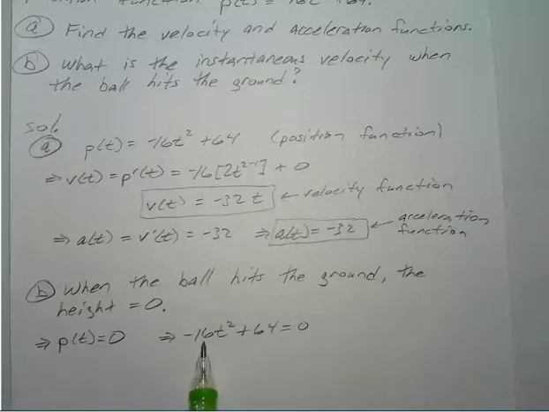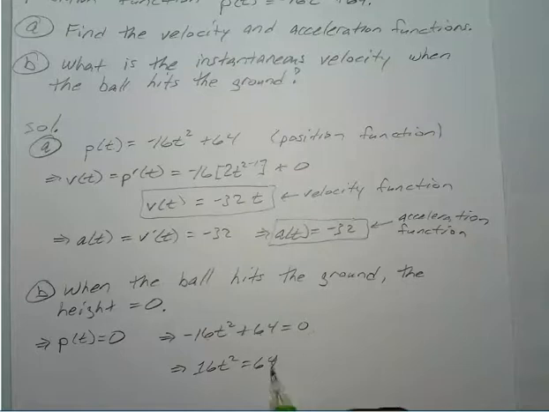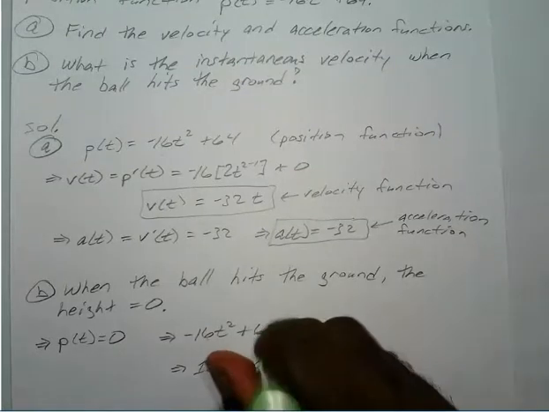If we add 16t squared to both sides, we end up with 16t squared equals 64.